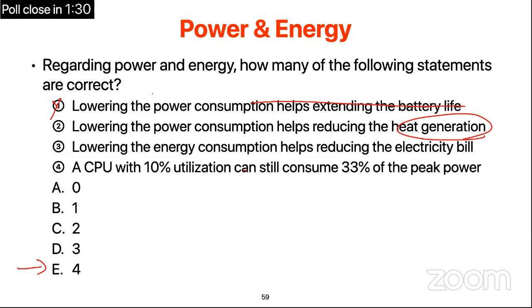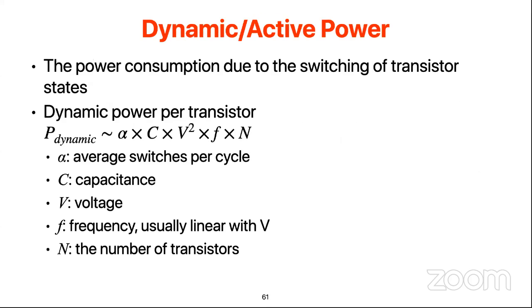And lowering the energy consumption does reduce the electricity bill. And then the fourth one is still correct, right? Why do you think the fourth one is still correct? I read it somewhere, so I forgot why. Okay, let's look at that together.